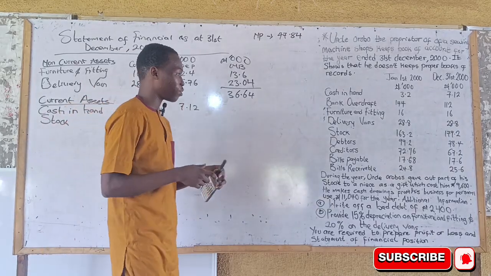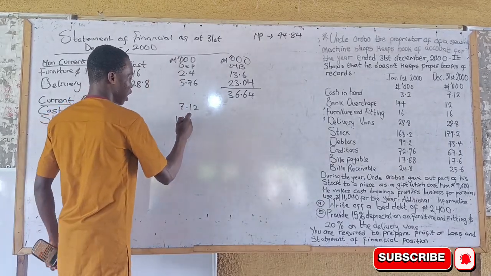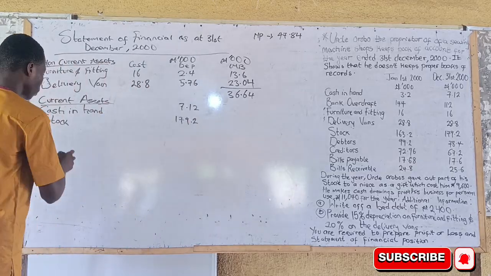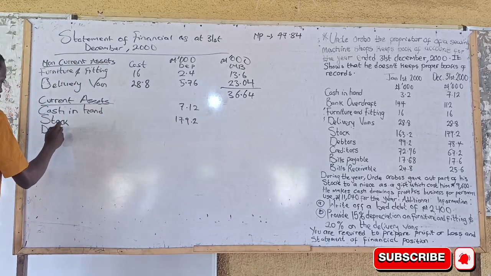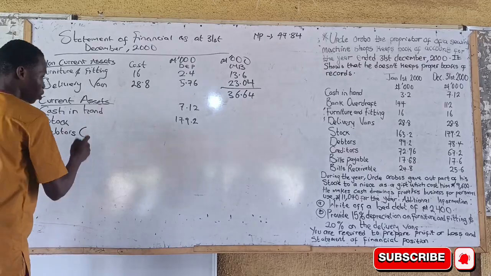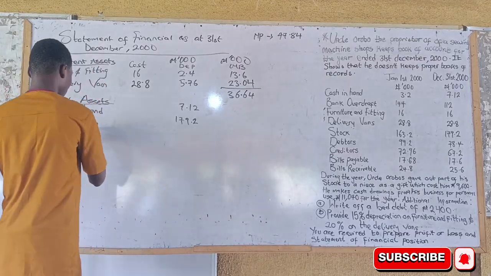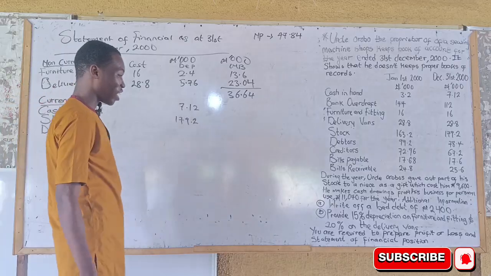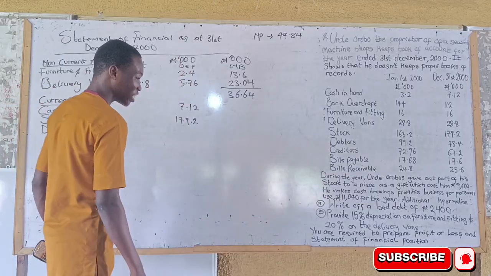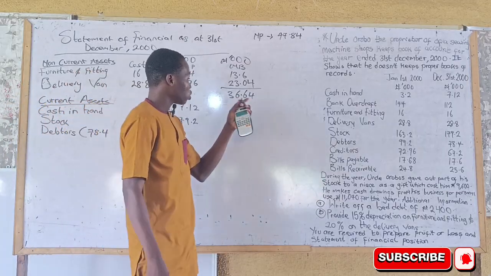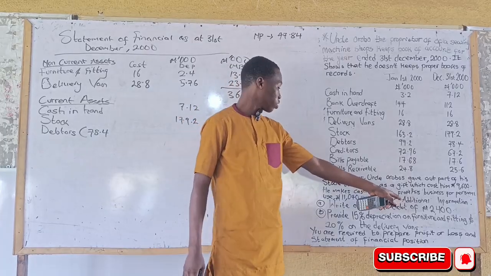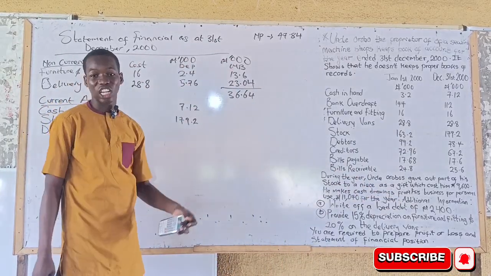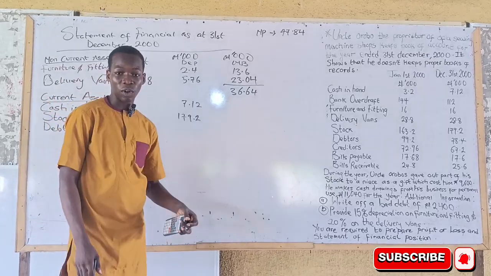For the stock, we have 179.2. Debtors. Don't forget, I said the debtors, we are making an adjustment. So 78.4, then we are lessing the bad debt. The amount given for bad debt is 2,400. Since we are writing in terms of 1,000, we are going to divide 2,400 by 1,000.